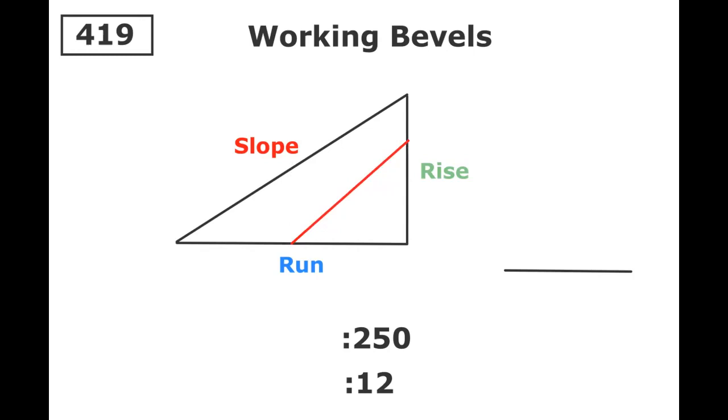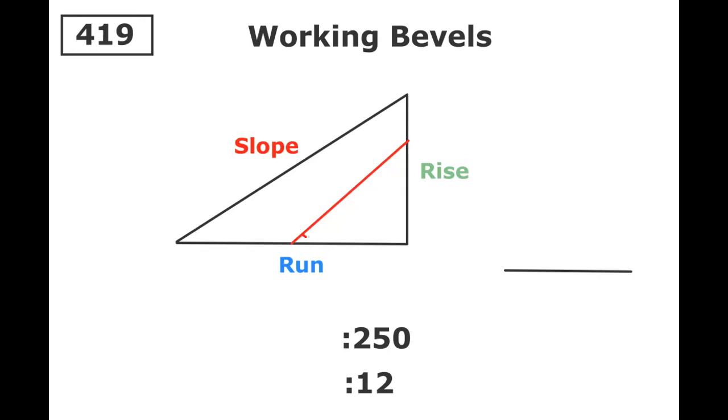That's going to be hard to get a wheelchair up. Or you go from a stairway to a ladder pretty quickly if you start messing with that. So what you're thinking about is not only is the bigger number always representative of 250 or 12, but chances are your bigger number is going to be the run as well on a job site. Most of the time, not always, but a lot of the time.